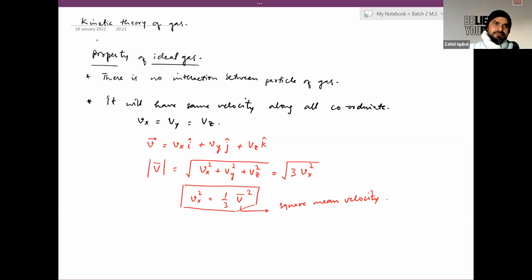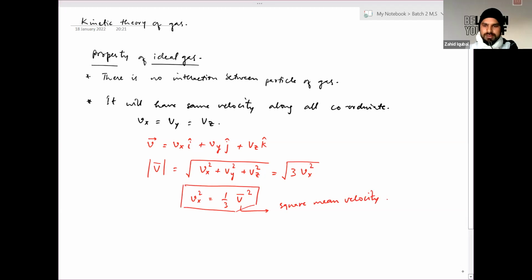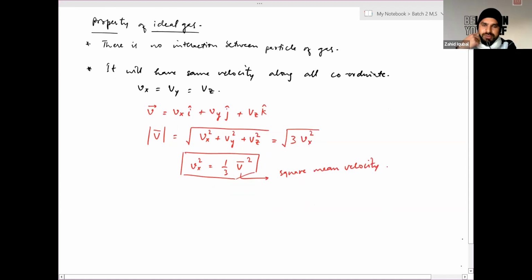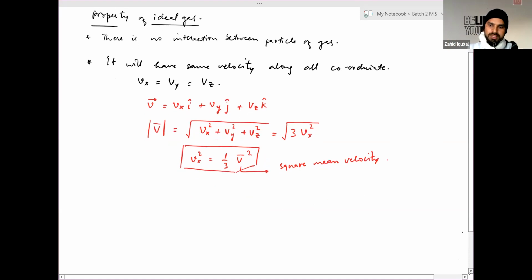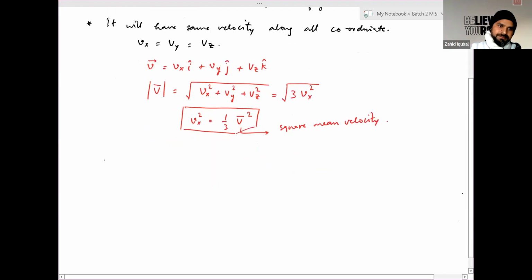Now next, these gaseous particles behave as perfectly rigid spheres, so they always make elastic collisions with neighboring particles or the wall of the container.